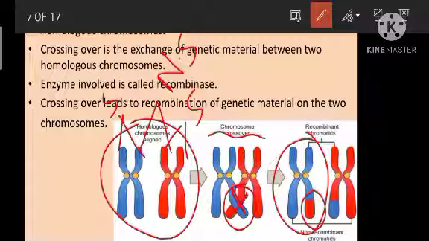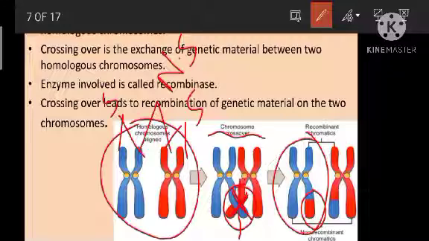Crossing over has taken place, and after crossing over it will break and attach in such a way that this blue part attaches with the red chromosome, and the red part attaches with the blue chromosome. That is, a part of the paternal chromosome, received from the father, will attach with the maternal chromosome, received from the mother. In the same way, one part from the maternal chromosome will attach with the paternal chromosome. So we can call it recombination.